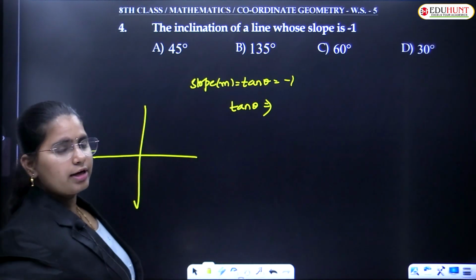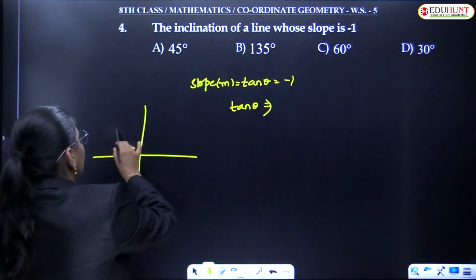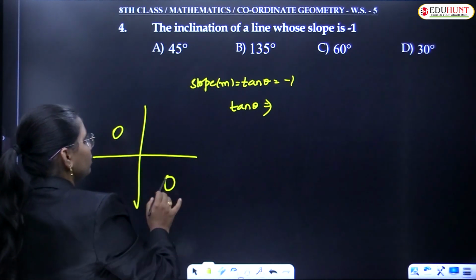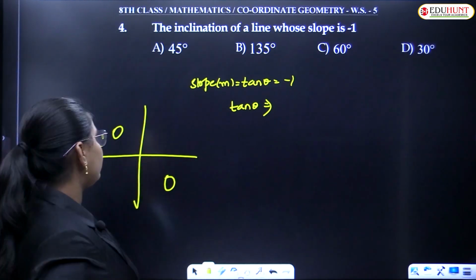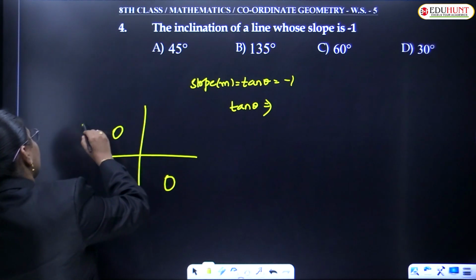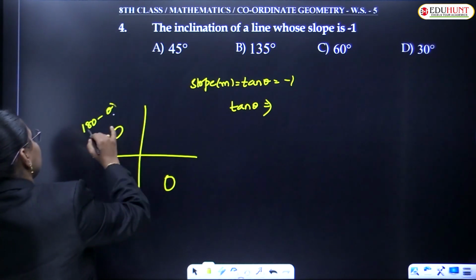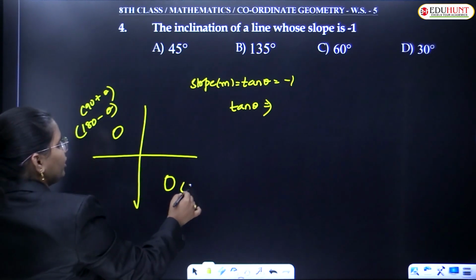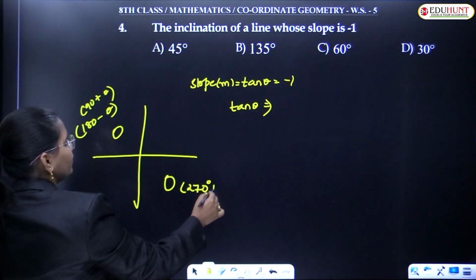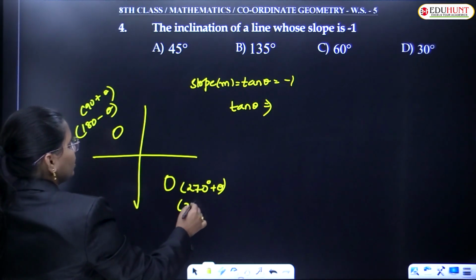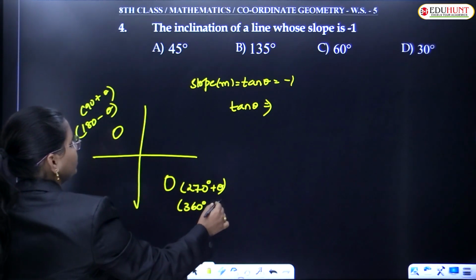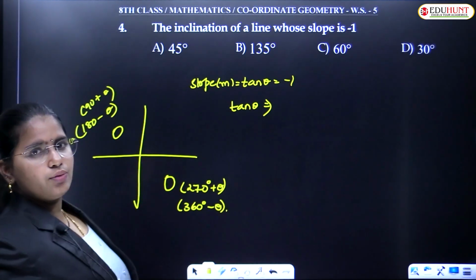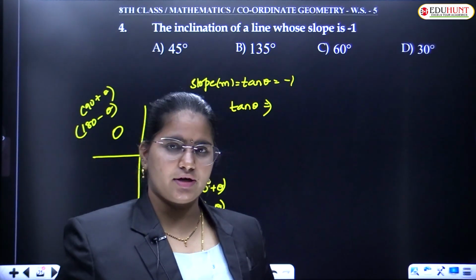Either in the second or the fourth. In the second quadrant you can have angles like 180 minus theta or 90 plus theta. In the fourth quadrant the angles are in the form of 270 degrees plus theta, 360 degrees minus theta. You already know this from trigonometry.